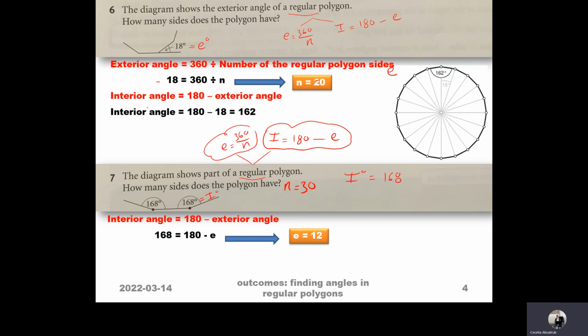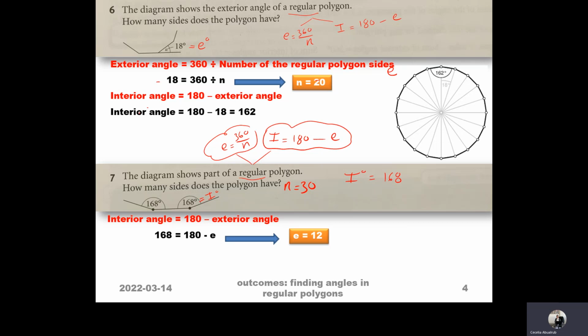If you substitute the 12 in the equation, you're going to say 180 minus 12. Is it going to be equal to 168? If you get the answer correct, then it means the value of E that you found is actually correct.